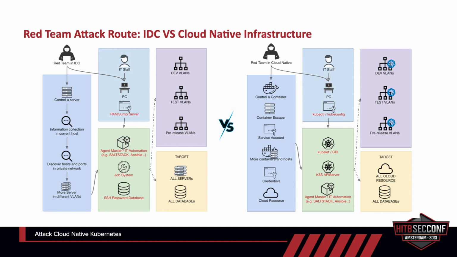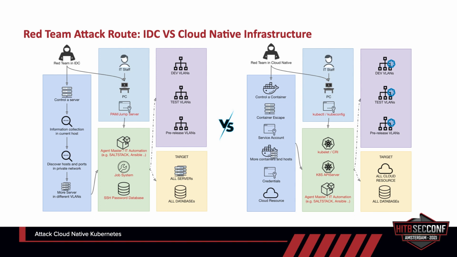But now, different applications are running in containers and use Kubernetes for deployment, scaling, and management. Developers no longer use SSH for operations, but kubectl or secondary development tools like Dashboard with a web console. So the target of the red team on a PC is searching for the configuration file instead of the credentials of SSH or Jump servers.